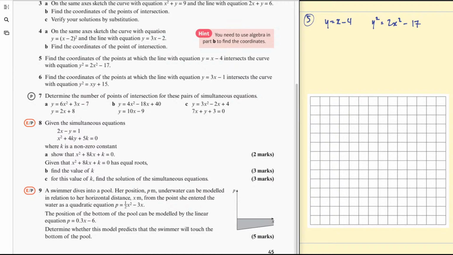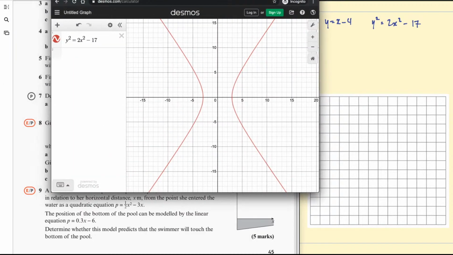Okay. So, it's like a hyperbola type of shape. It's like the inverse of an ellipse.